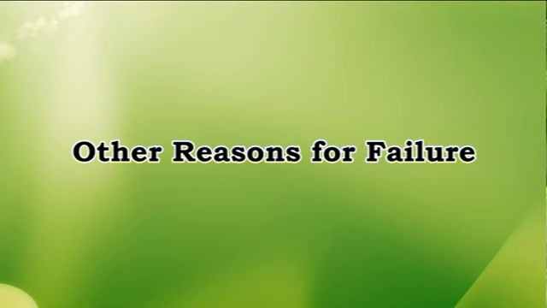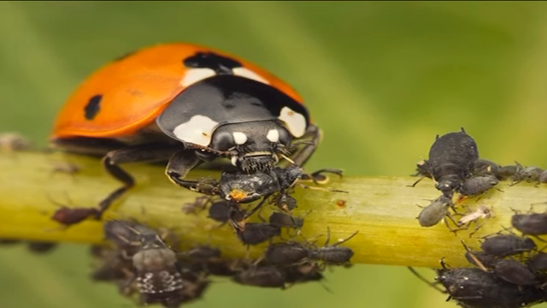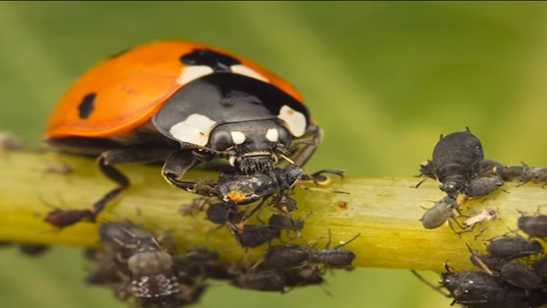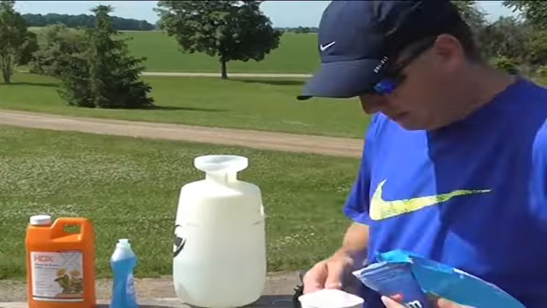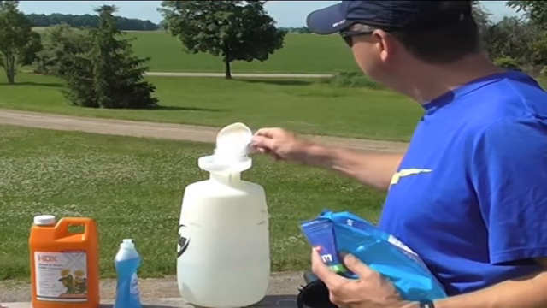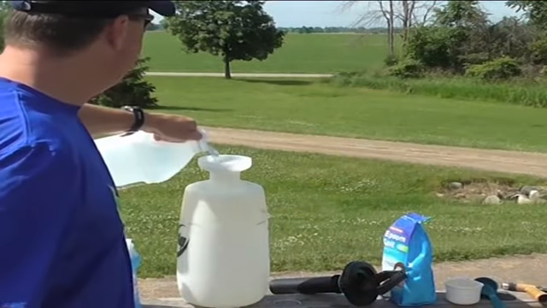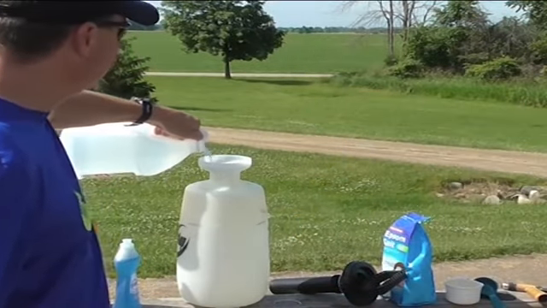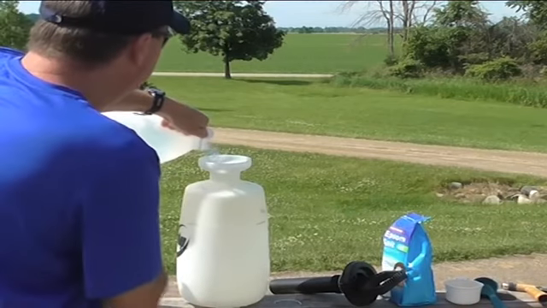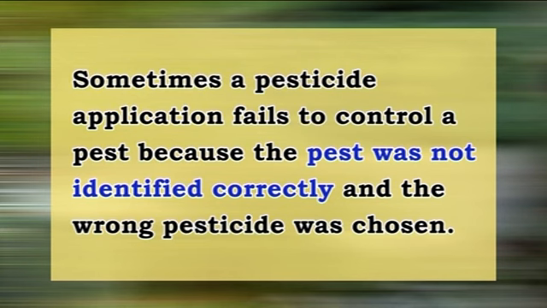Other reasons for failure. Not every pesticide failure is caused by pest resistance. Make sure that you have used the correct pesticide and the correct dose and that you have applied it correctly. Sometimes a pesticide application fails to control a pest because the pest was not identified correctly and the wrong pesticide was chosen.